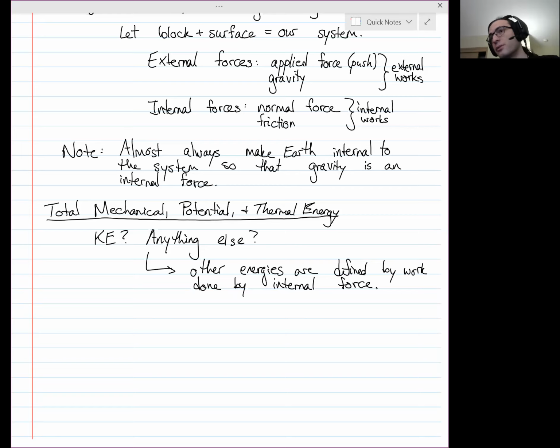And every other energy has some force that's associated with it. That's not quite true. If you start thinking about special relativity, which is this whole business of objects moving near the speed of light, there's another type of energy called rest energy, and that is the energy that an object just has by having mass, but that's a completely separate thing, and we're not going to talk about that in this quarter. That shows up in 9D, so take it if you're interested.